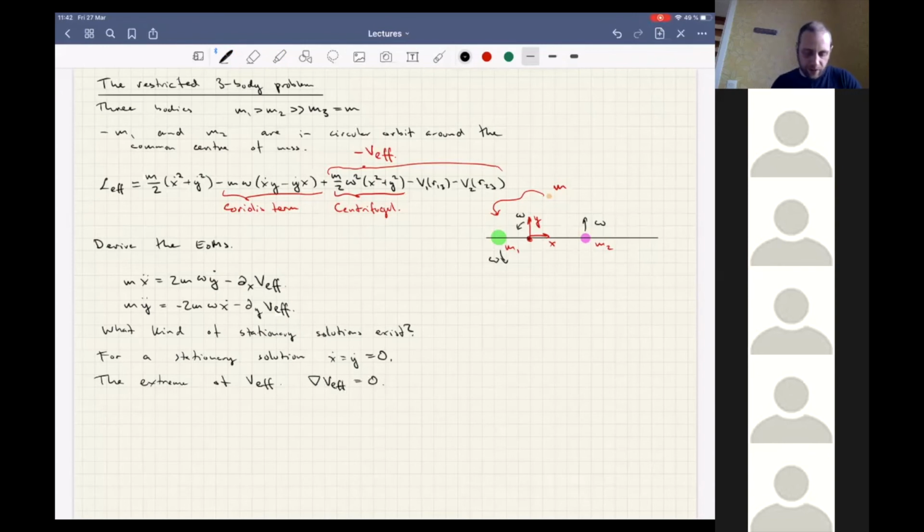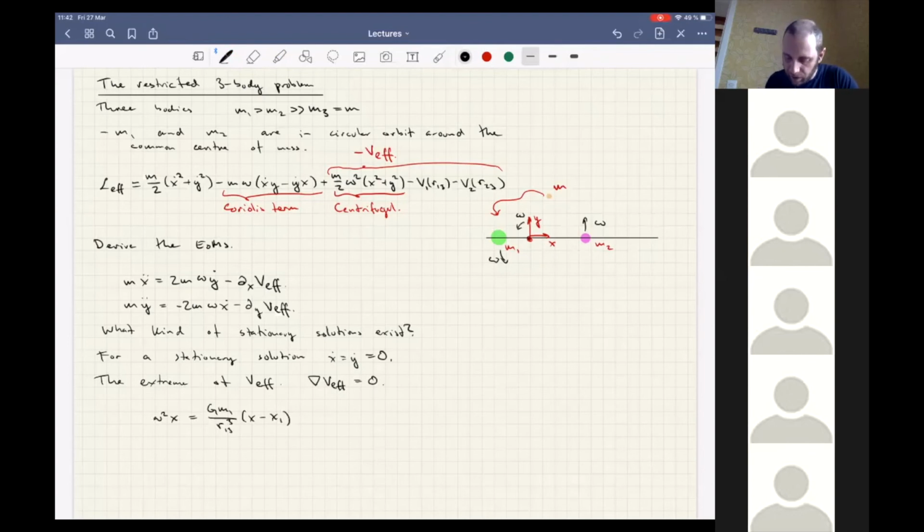And if we do that, we get the following. We get that omega squared x, which is what we get from the centrifugal term, must be equal to G m1 divided by r13 cubed times x minus x1.